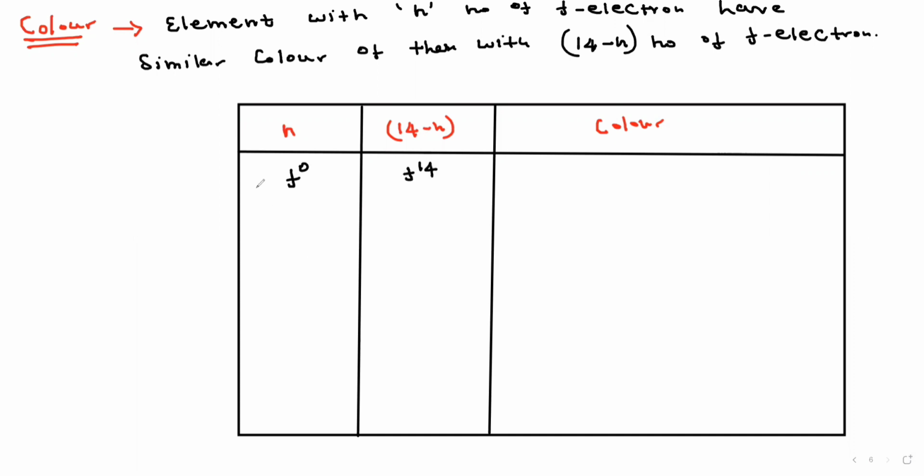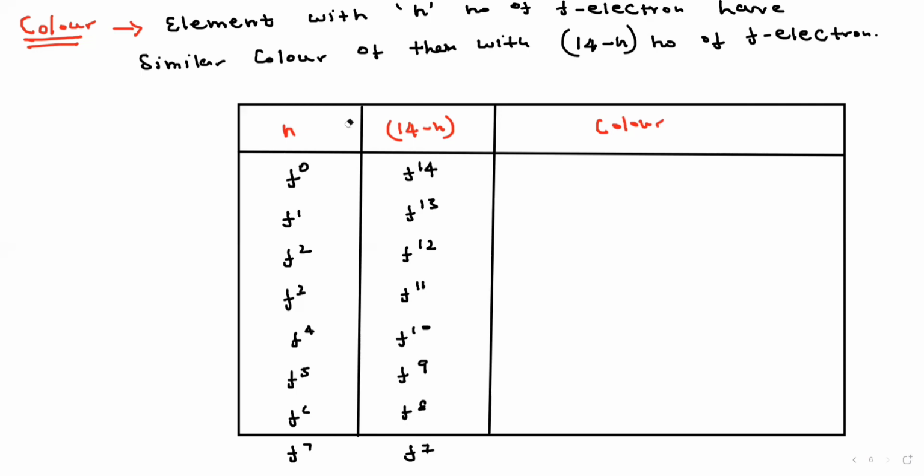You got the point? Now f1: 14 minus 1 is f13. f2 gives f12. f3 gives f11. f4 and f10. f5 and f9. f6 and f8. And f7 here also f7.